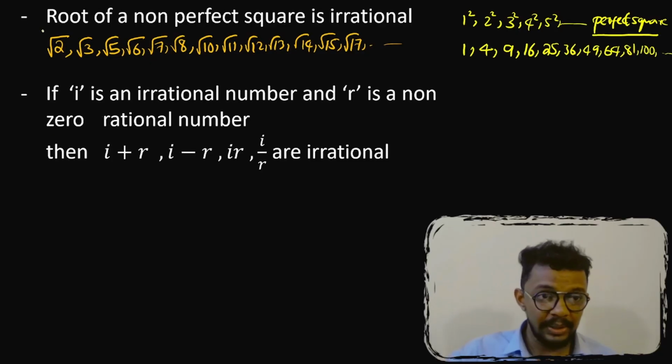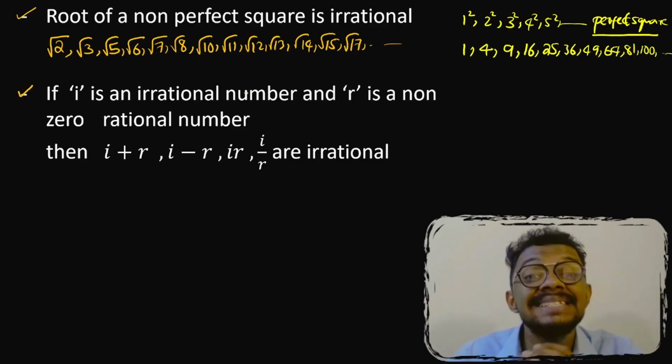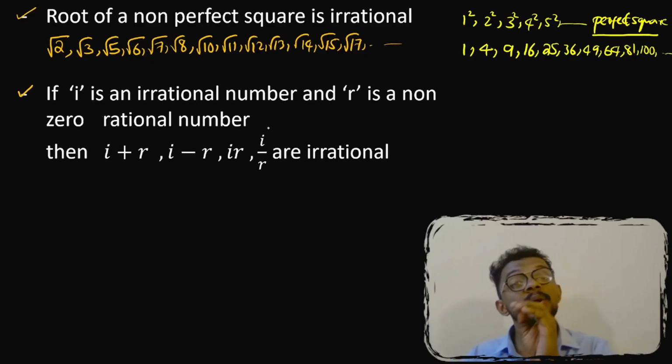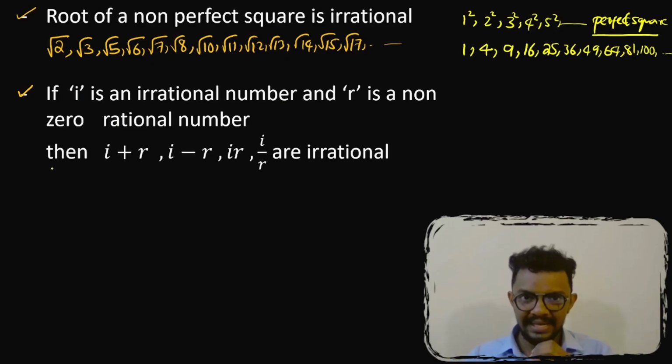Okay, the first property, hope you understood. The second property, in order to understand irrational numbers, is simple. If I is an irrational number and R is a non-zero rational number, then I plus R, I minus R, I into R and I by R are irrational numbers.